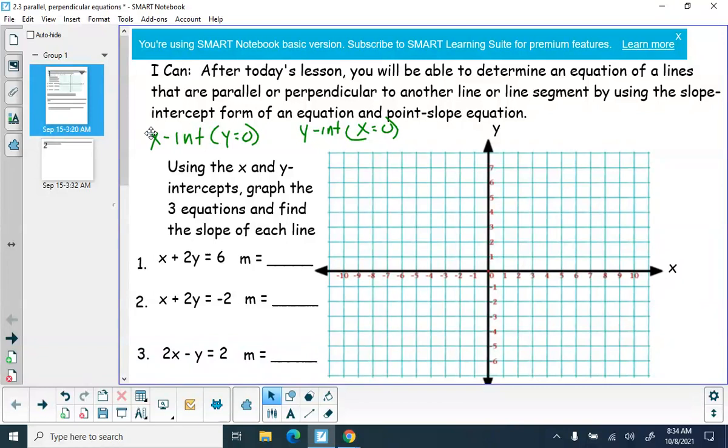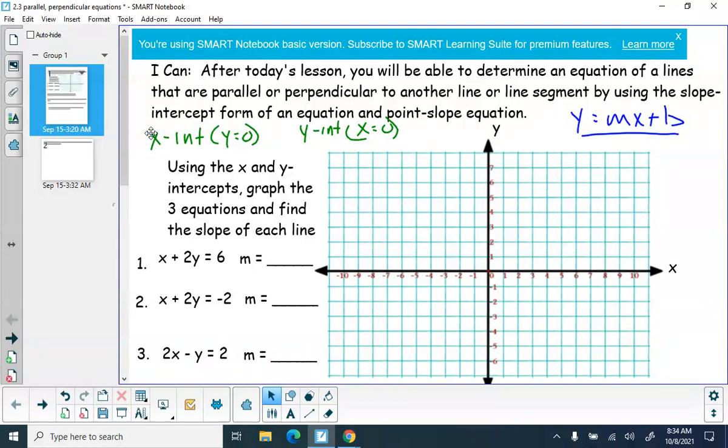Use a straight edge to graph the equations. And then find and calculate the slope. Now the slope, you can look at one of two things. You can get it in the form y equals mx plus b and calculate the slope that way.